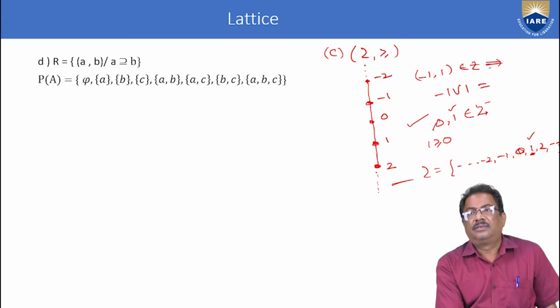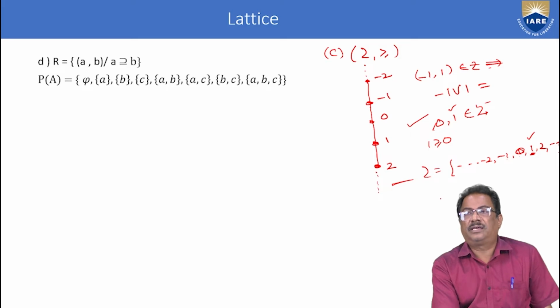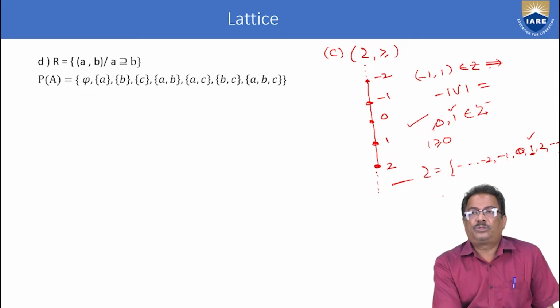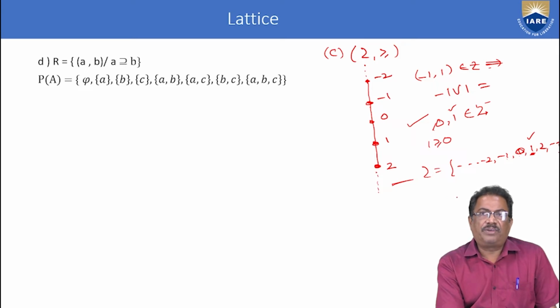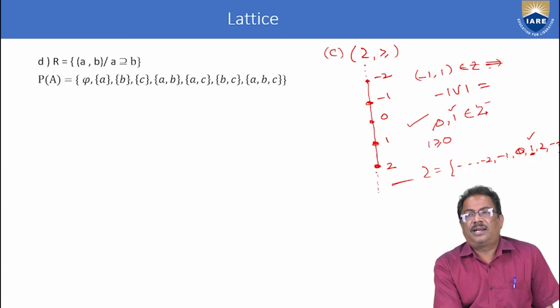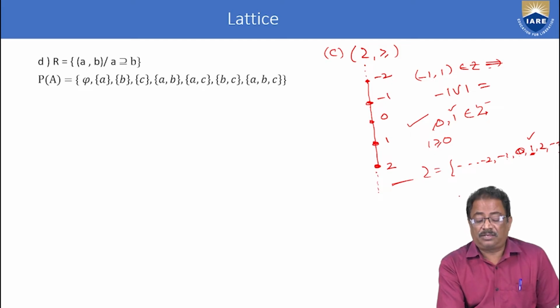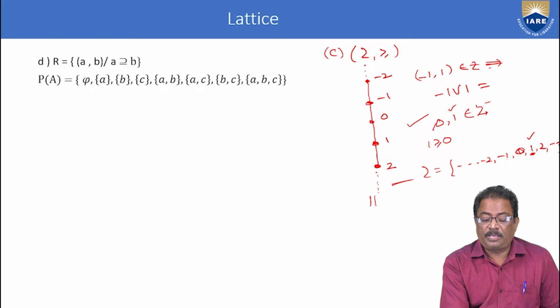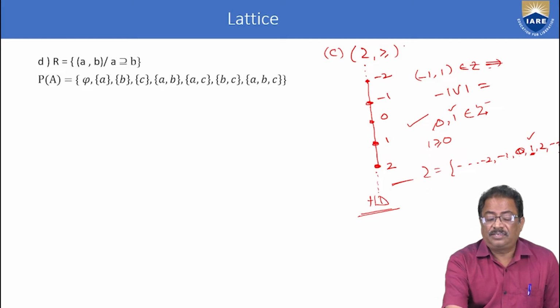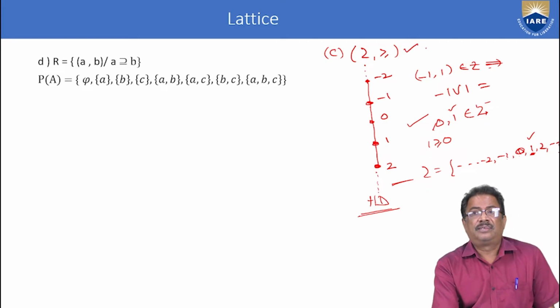So in any order, if you consider a pair of two elements, a pair of subsets of Z, which has the least upper bound and the greatest lower bound, then we can say that the partially ordered set is known as a lattice. So this Hasse diagram, or this set itself, is known as a lattice.